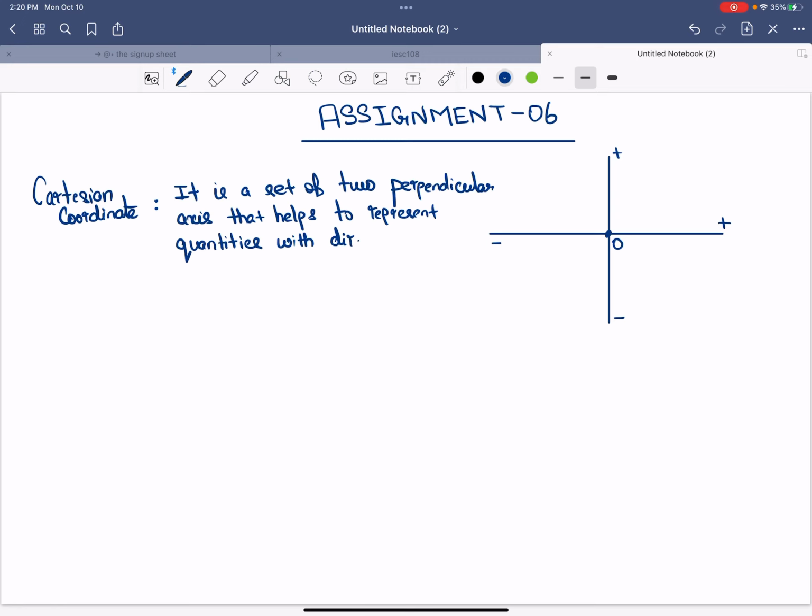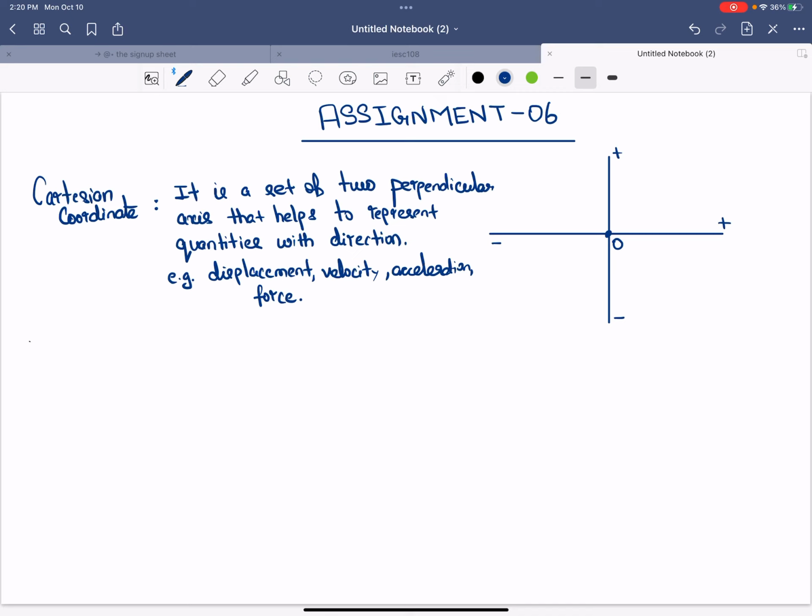What kind of quantities with direction? Anything that is a vector. For example, displacement, velocity, acceleration, or force. All of these quantities that have direction can be represented using the plus and minus symbols on a Cartesian coordinate when we're talking about them.